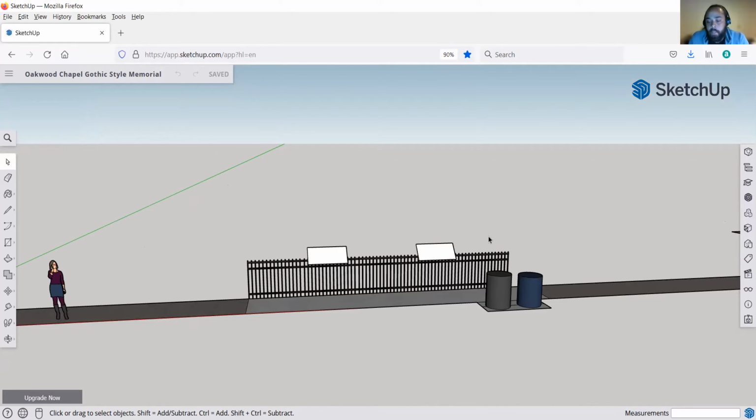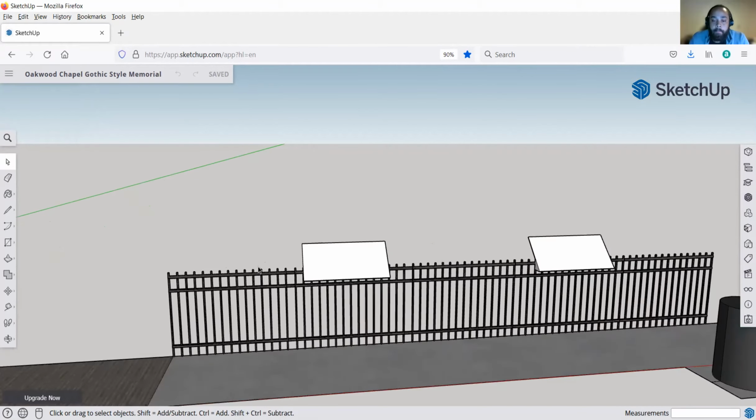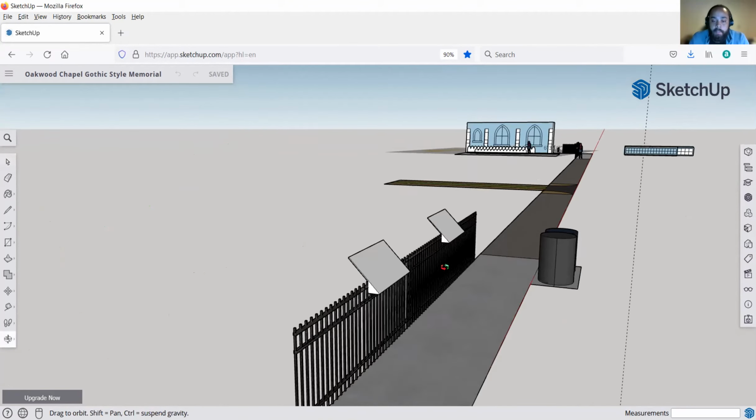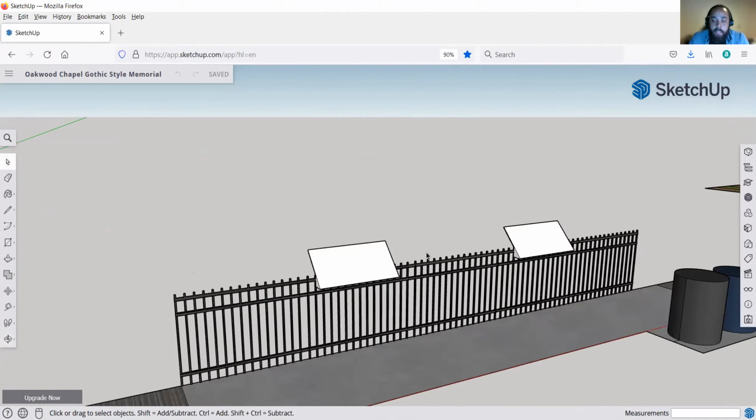Here we have a representation of the trash bin and the recycle bin, an iron fence section, and some signage. You could have signage here that would talk about the historic colored grounds side A.